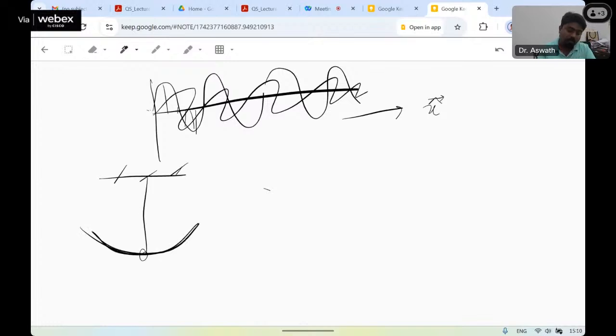Now, the electromagnetic wave is quantum by nature. It has photons. So if I had to connect this, it has to be a quantum harmonic oscillator.